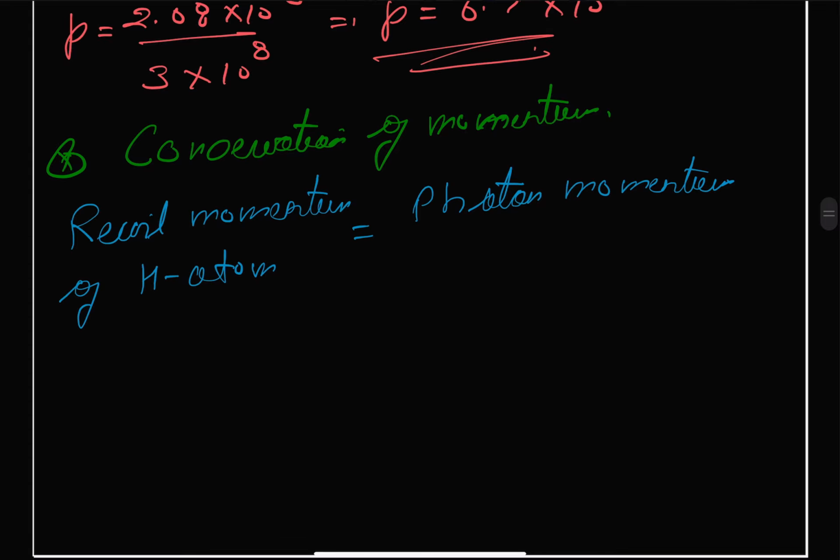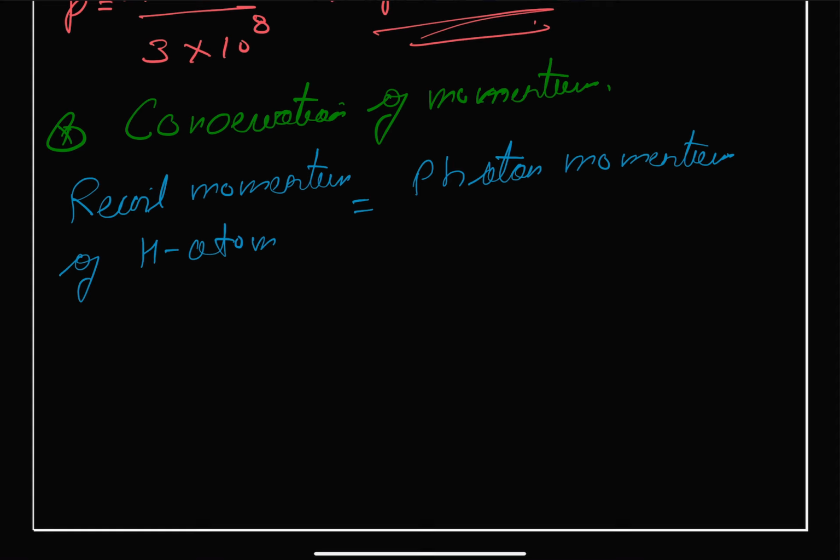And so recoil momentum will be the mass of hydrogen times the recoil velocity, suppose it is VR, and this will equal the photon momentum P. So we can say our recoil velocity will be equal to P upon the mass of hydrogen.